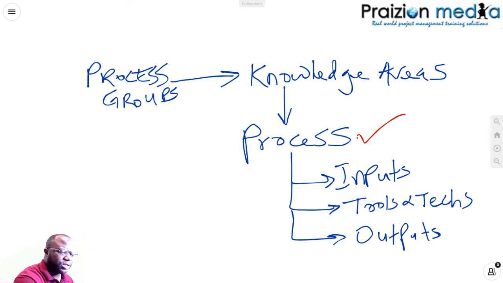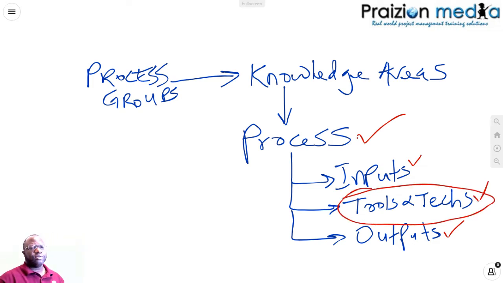There are lots of changes in the input level and the output level, and a ton when it comes to the tools and techniques. Huge change. So let me show you what some of the huge changes are in the big ticket item, the tools and techniques.